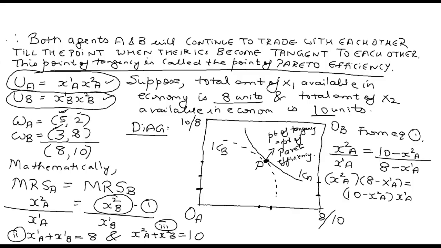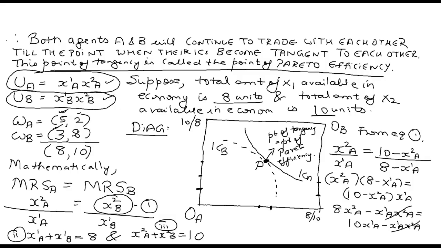And if I further solve it, this becomes 8 X2A minus X1A X2A is equal to 10 X1A minus X1A X2A.